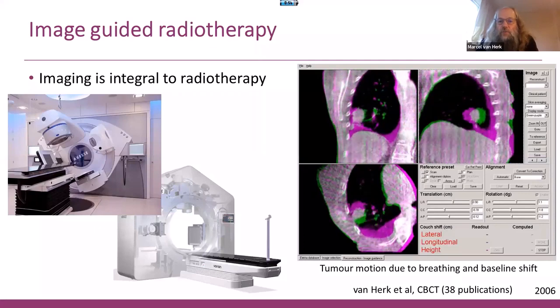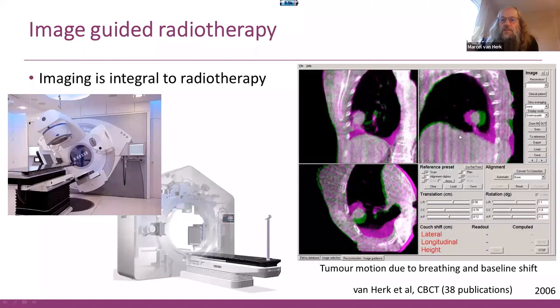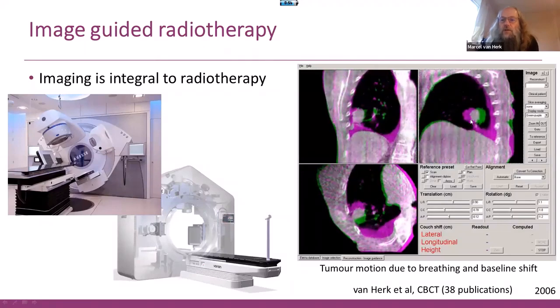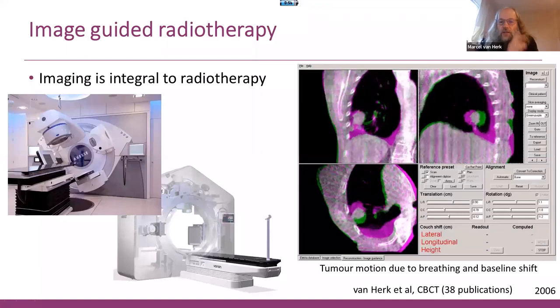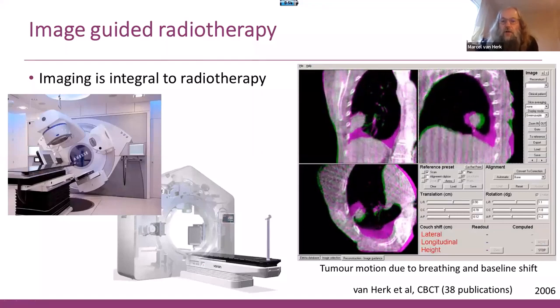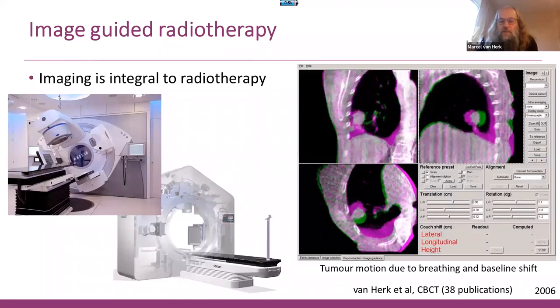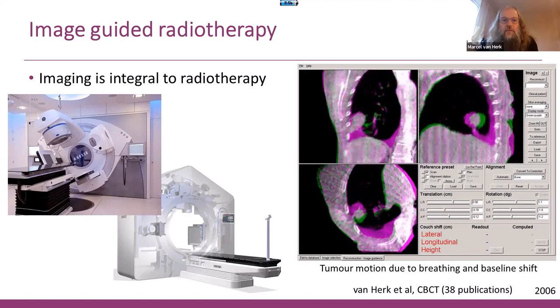And you can see that the tumor is moving up and down due to breathing, for instance, in this sagittal view. But there is also a shift of the tumor due to a baseline shift, which is not related to breathing. And this software was developed by myself and my group, commercialized, and has been used to treat millions of patients.